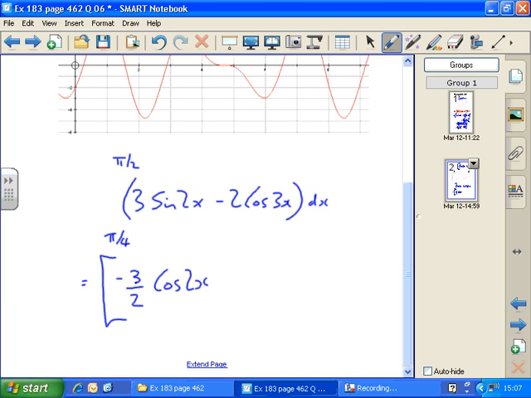The second part, cosine becomes sine, and the 3 comes out and goes underneath, so it remains minus 2 over 3 sine 3x, between the limits pi by 2 and pi by 4.